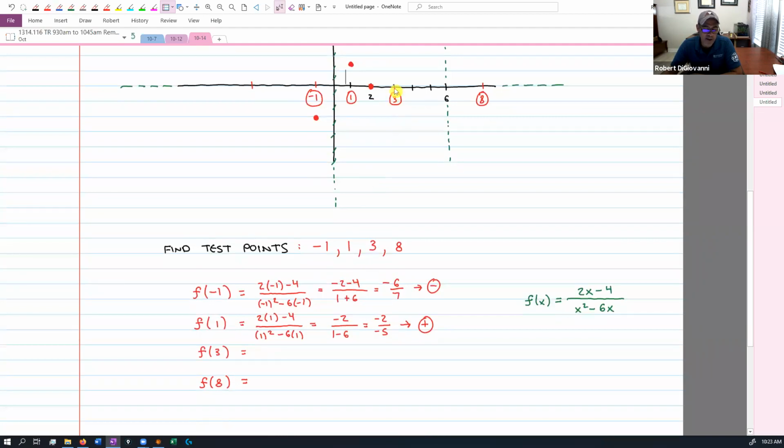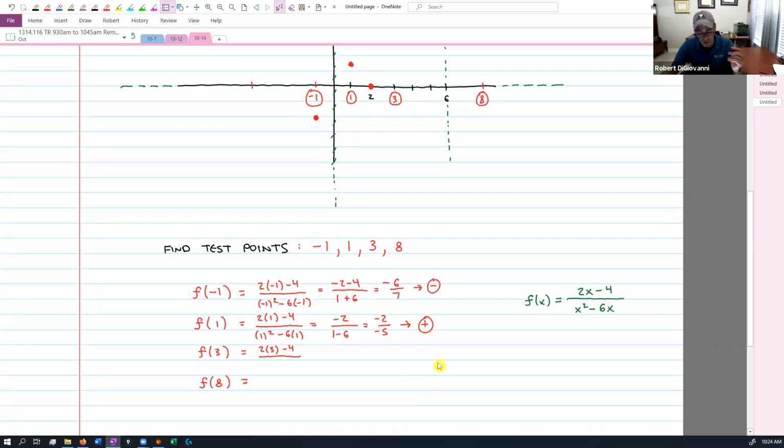What do you think is going to happen at 3? Think it'll be negative? I have bad news. You have to check it. Students always ask me if we just get the first one, then can we just assume that it's just going to switch signs each time? Like go from negative, positive, then back to negative, then back to positive.